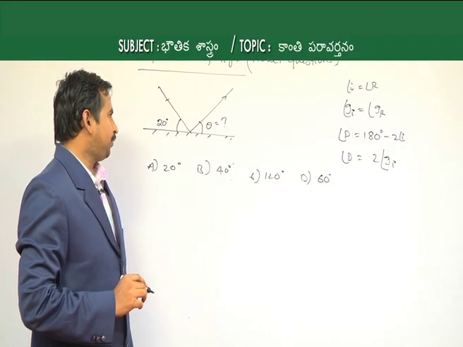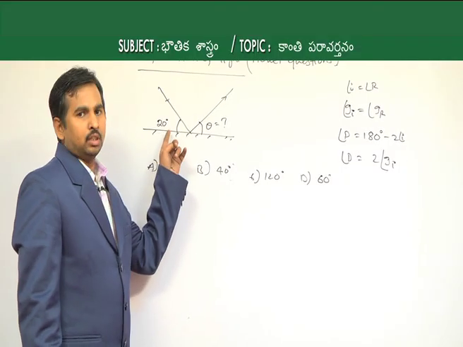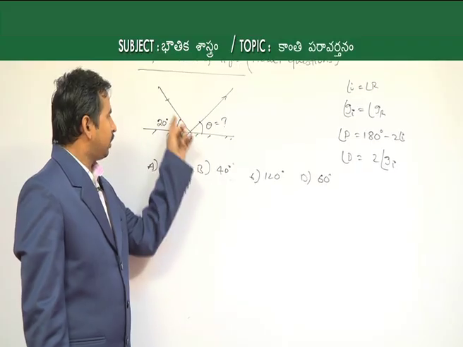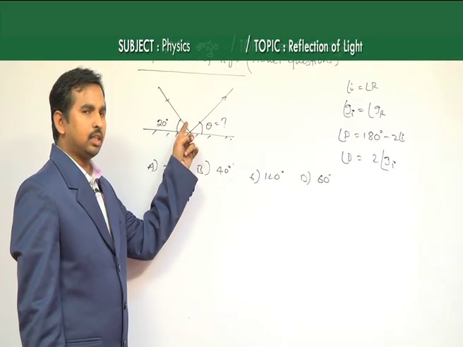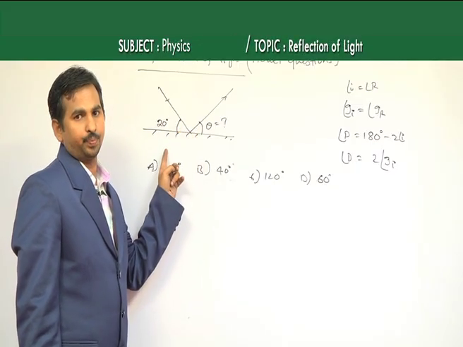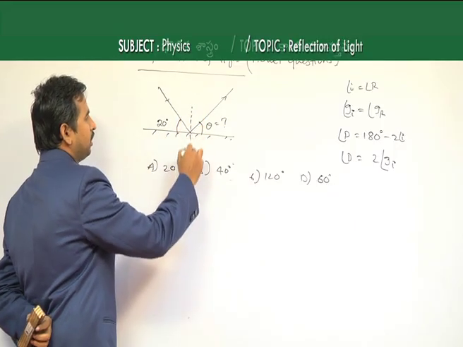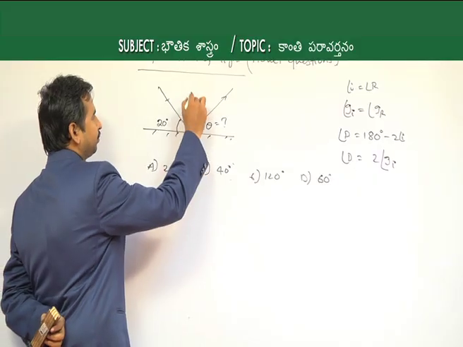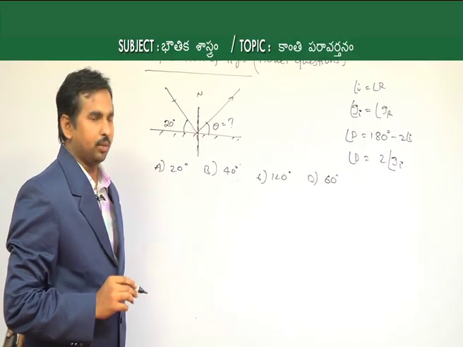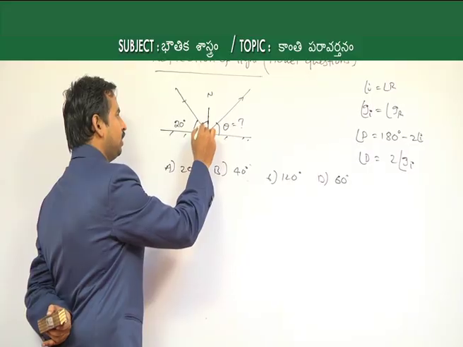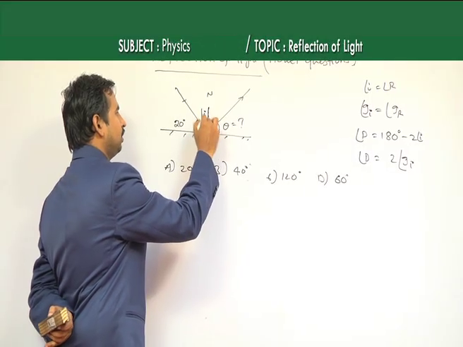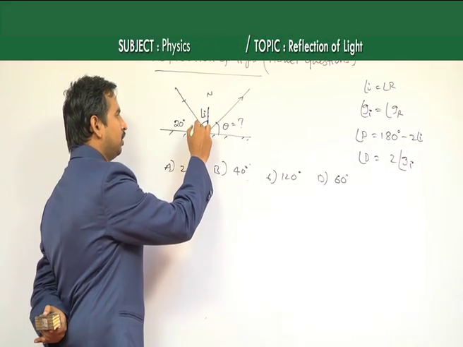Now, if you observe this angle of glancing, this is our incident ray, and this incident ray is making some angle with the mirror, and here we have a normal. If you take the normal, this is called the angle of incidence i. The given angle is 20 degrees.